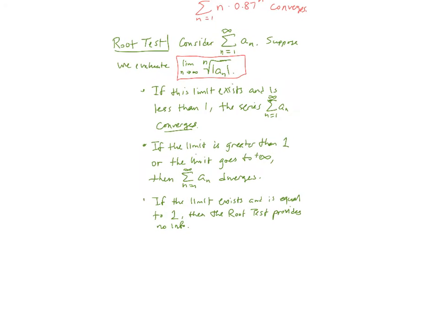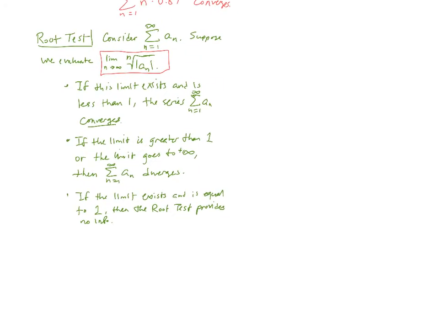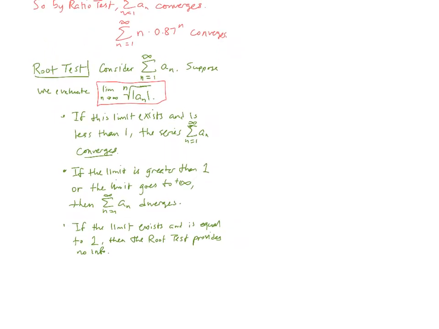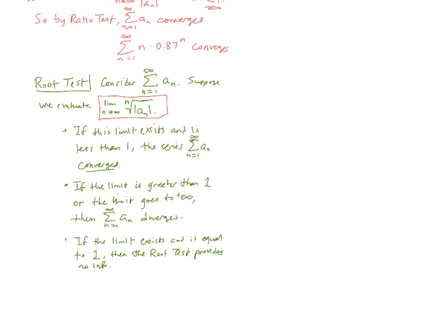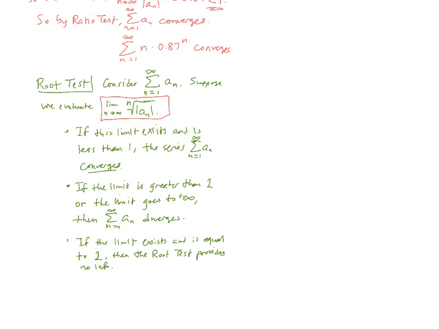Now let's use that and see if we can use that as a tool to determine whether that series from earlier converges, the sum from n equals 1 to infinity of n times 0.87 to the n. All right, so I'm going to start over here. I'm going to look at this series again, a sub n equals n times 0.87 to the nth.